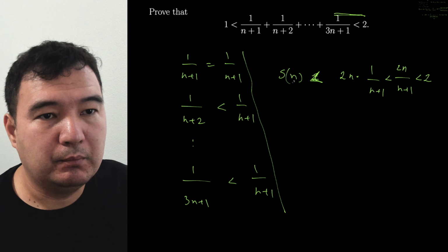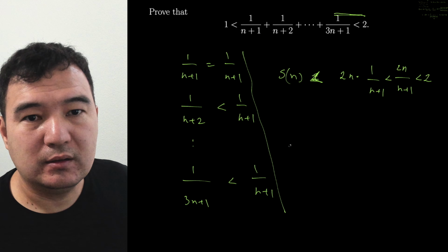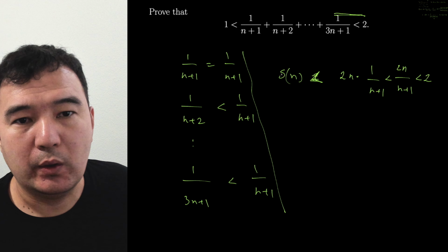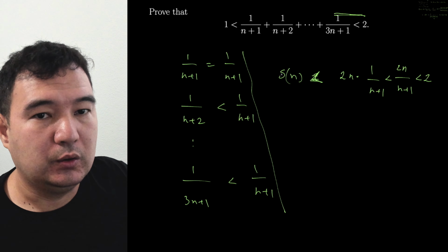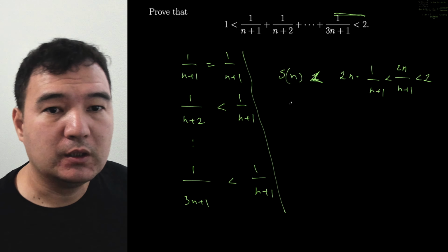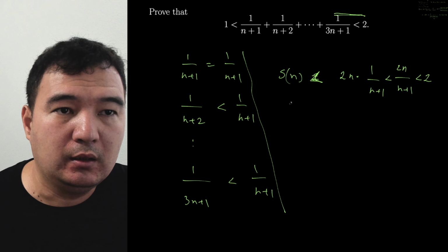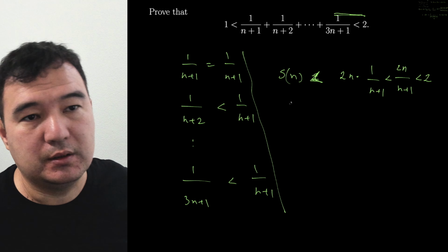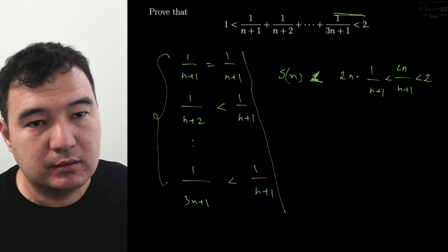So by just increasing each of the numbers to 1 over n plus 1, we can still get a number that's less than 2. So this sum Sn is way smaller than 2 compared to 1. So the first part of the problem is induction. We prove by induction that the sum is greater than 1, and the second part is just taking this sum.